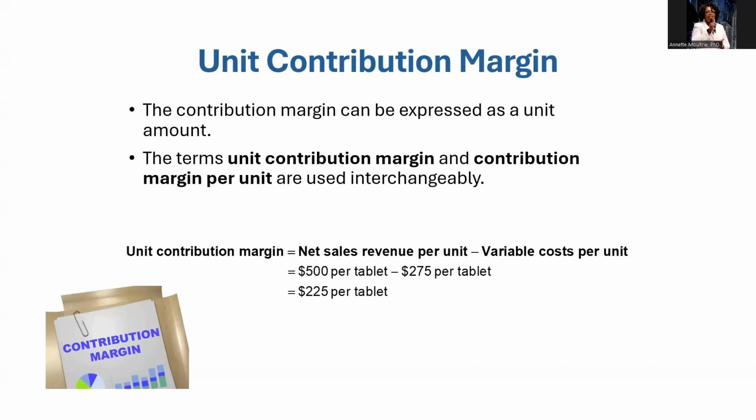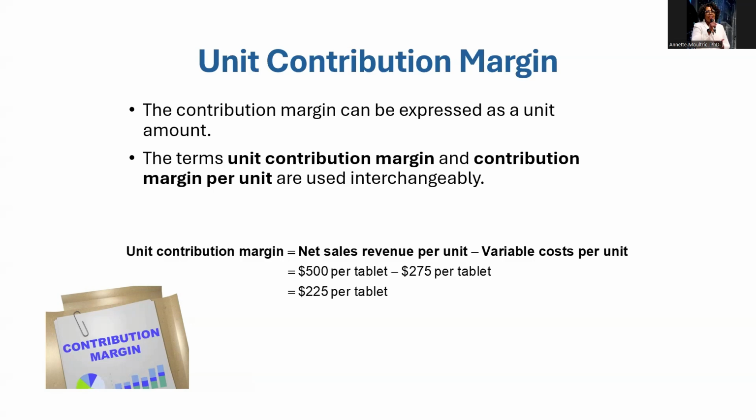So the contribution margin is commonly expressed on a per unit basis. It is calculated as unit contribution margin equals net sales revenue per unit minus variable costs per unit. The terms unit contribution margin and contribution margin per unit are interchangeable and they refer to the same concept.